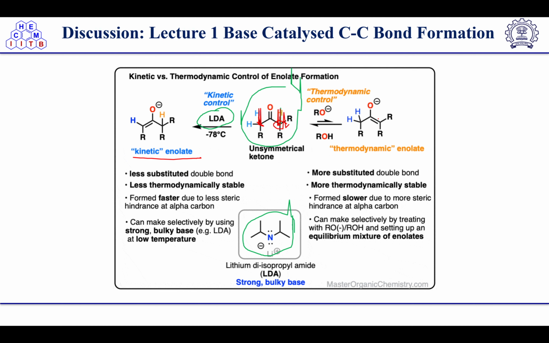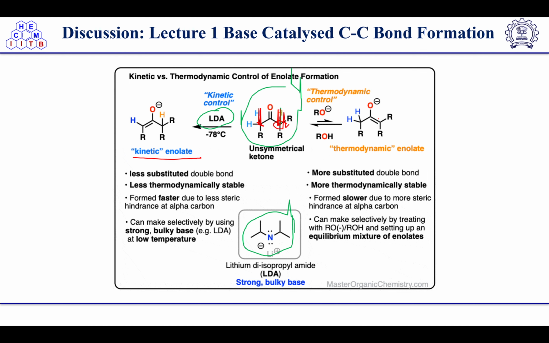But when talking about the thermodynamic enolate, the activation barrier is very high. To cross that barrier you require more energy, so maybe at high temperature you can get the desired thermodynamic control enolate formation. In kinetic control product reactions, the energy barrier is always lower compared to the thermodynamic control reaction.